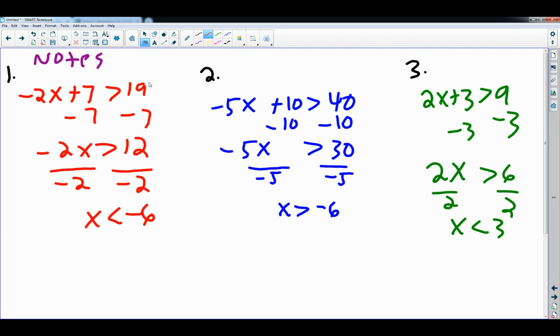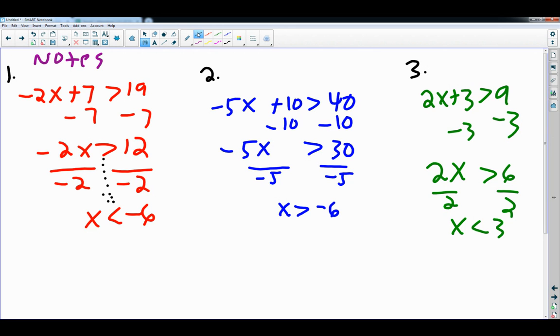Okay, now if you're back, number 1, we subtracted 7 from both sides on the red one here. Subtract 7 from both sides, that looks good. So we get negative 2x is greater than 12. Divide by negative 2, and we get x is less than negative 6. And we flipped our inequality here, right?